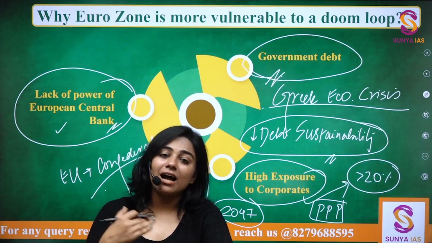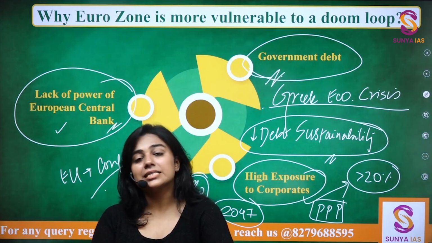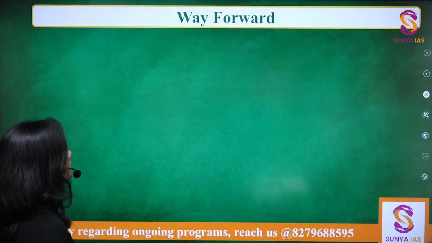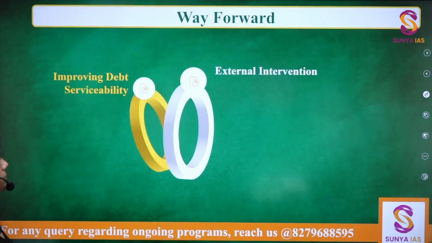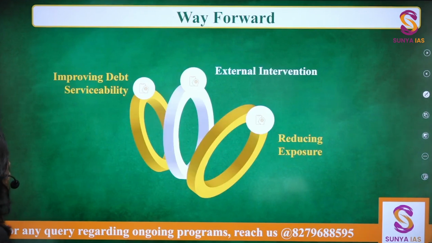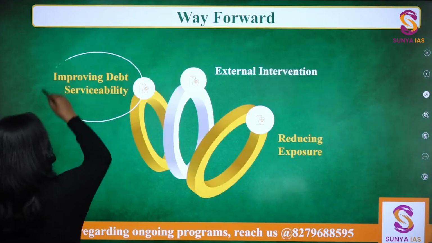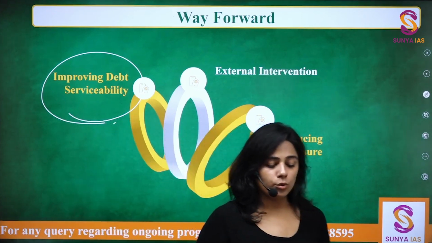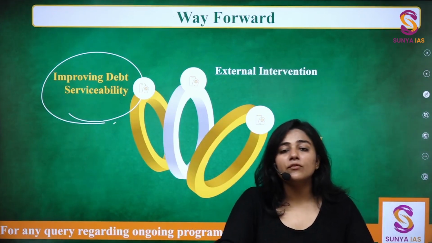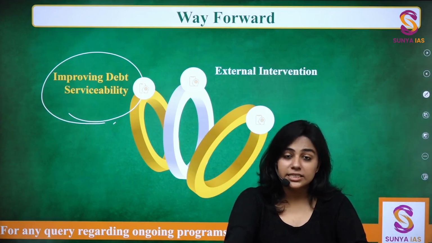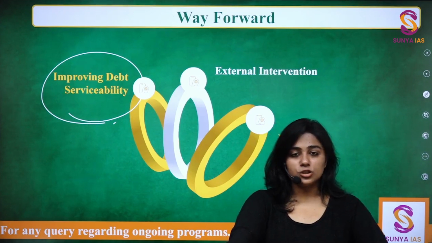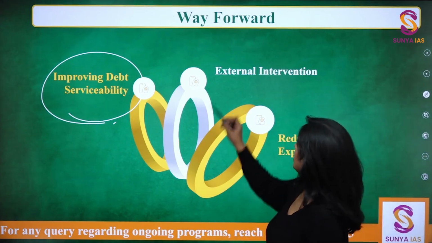By increasing our reliability, by increasing our serviceability of debt. Okay. So these are some of the way forwards. As I said, we need to improve our debt serviceability. If government has taken a loan from you, it will give you back money with interest, should be the goal. Fine, should be the image.